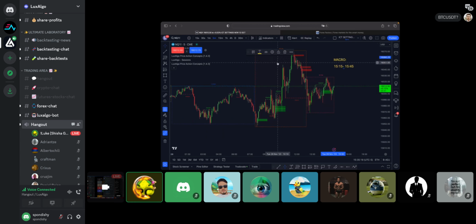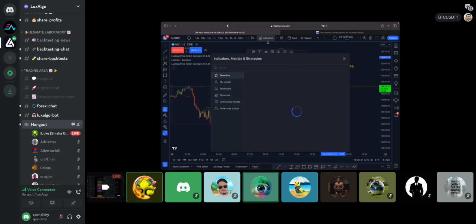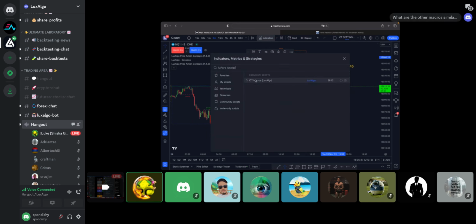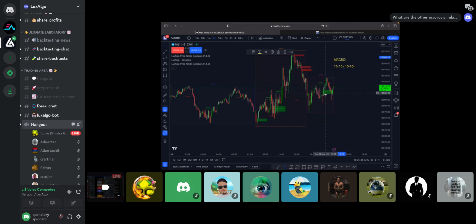There's several macros. I think LuxAlgo has ICT macros. This is a very, very strong indicator, guys. Macros are times at the start of every hour, like 10:50, 11:10, 11:50, 12:10, 12:50, 1:10, stuff like that.